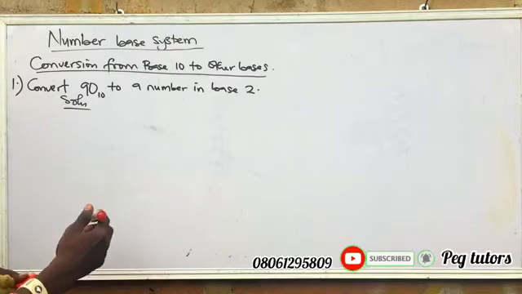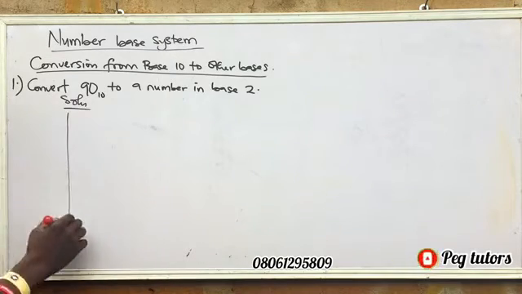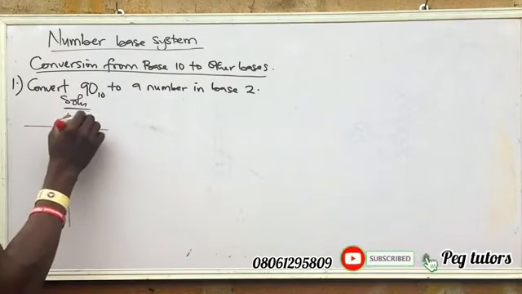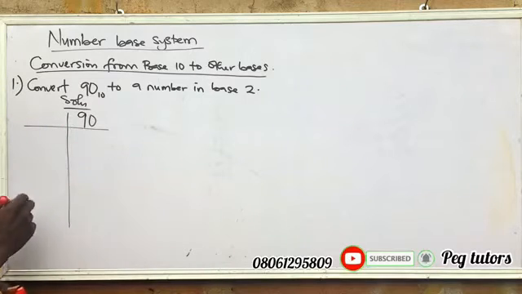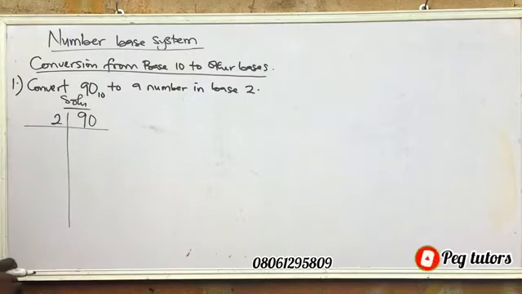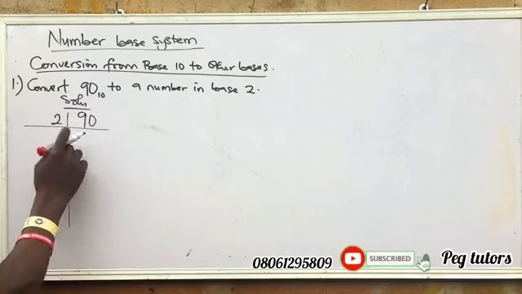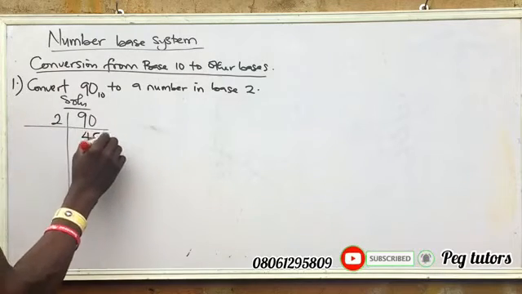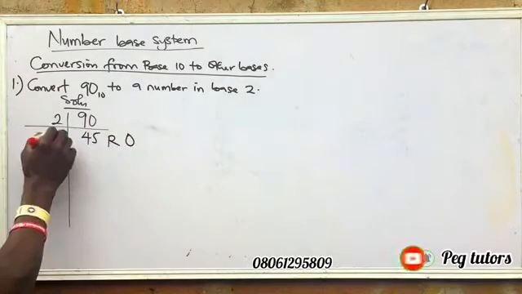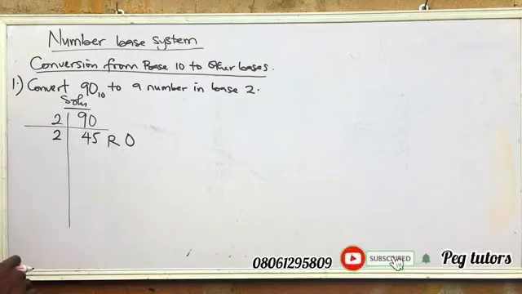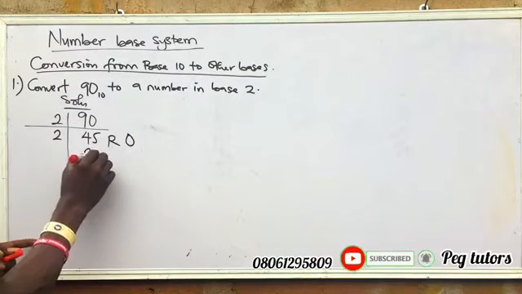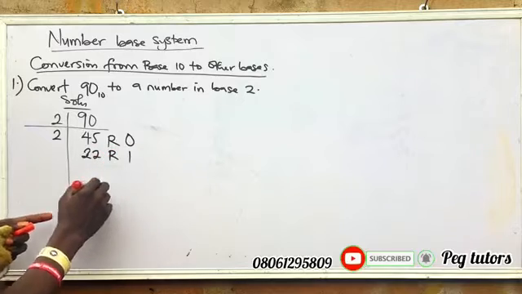All right, let's start. So just draw a line like this, write your 90, which is the base 10 number, constantly divided by 2. So you have 90 divided by 2 will give you 45, and of course remainder 0. 2 goes into 45, 22, remainder 1.